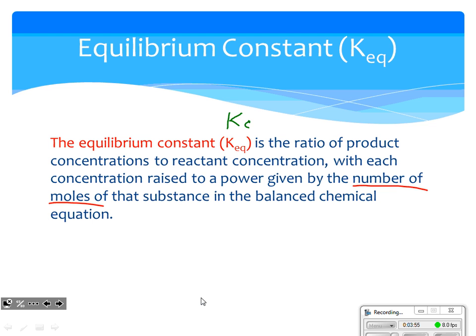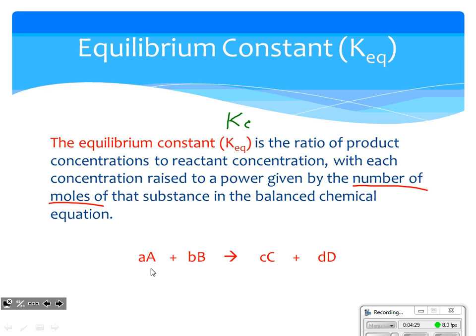All the equilibrium constant is, is the ratio of product concentration to reactant concentration, with each concentration raised to a power given by the number of moles of that substance in the balanced equation. So you're going to need a balanced equation, and you're going to need concentrations in order to calculate the equilibrium constant. And when we do so, this can be used.